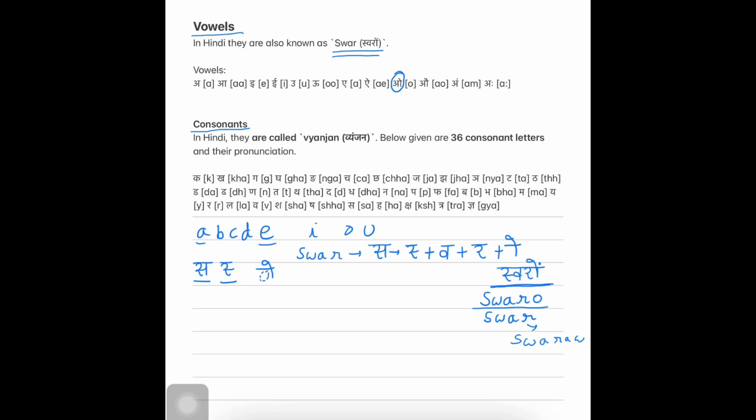For example, without this dot, it is pronounced as swaro, which has no meaning in the Hindi language. So for making it meaningful, that is its correct pronunciation as swaron, to produce the last on sound, it is necessary to put this dot here. Swaron.